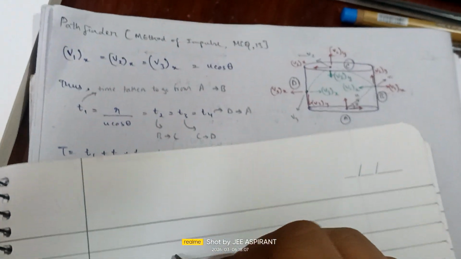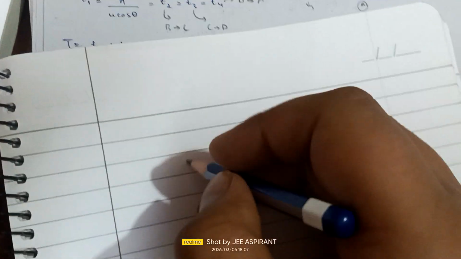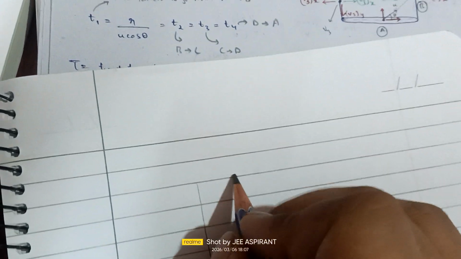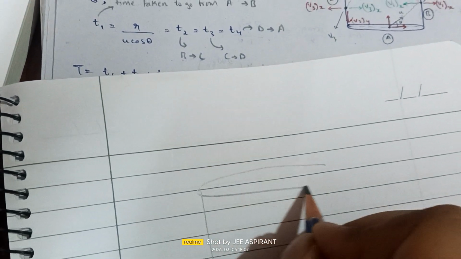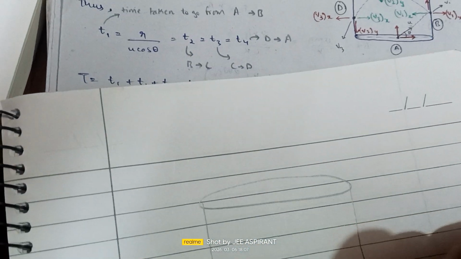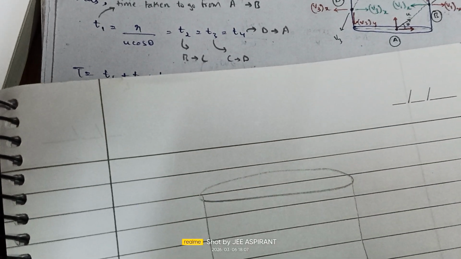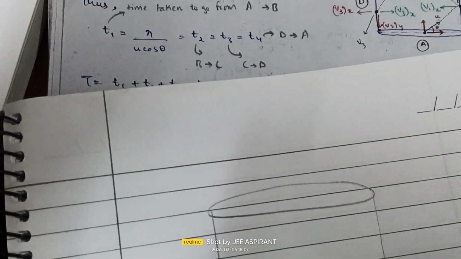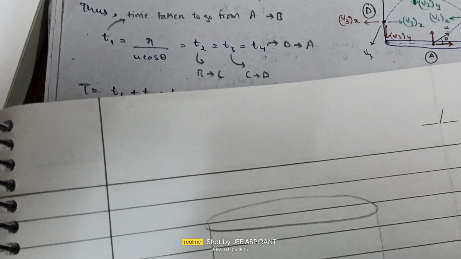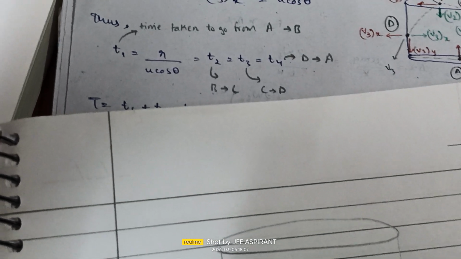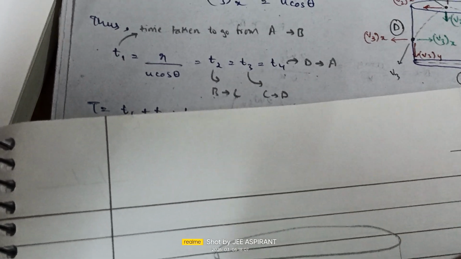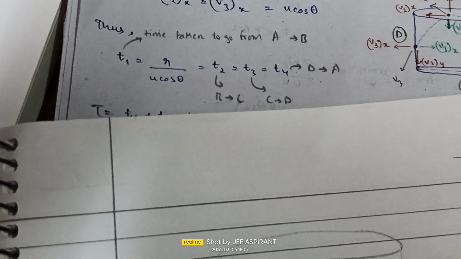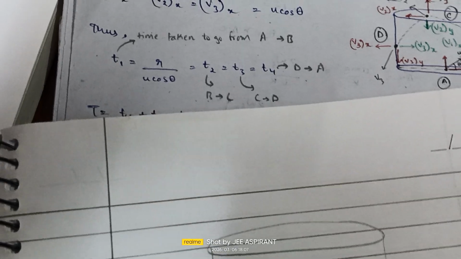So this is the cylindrical body, and from here a ball is projected. As it's projected, it will have a y component and an x component, right?